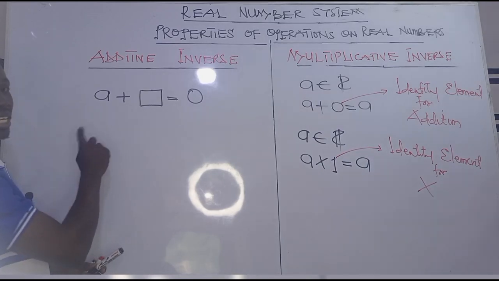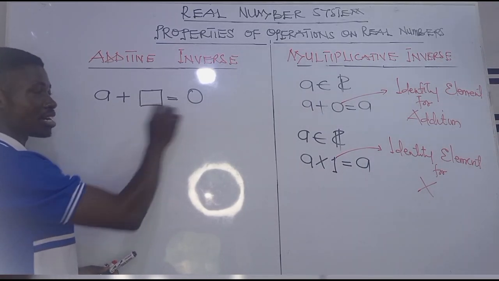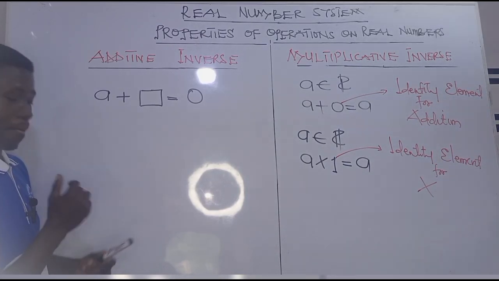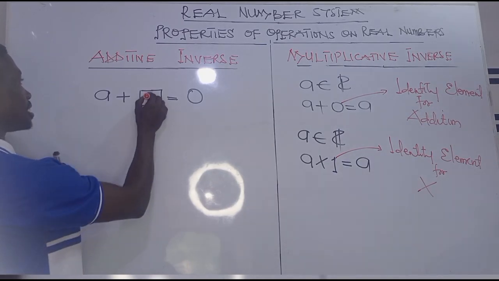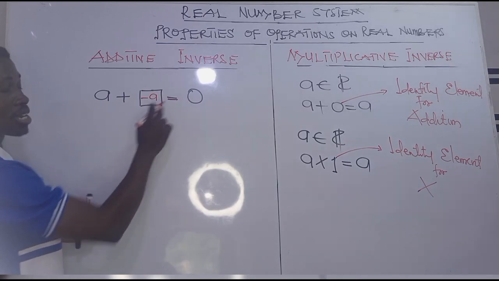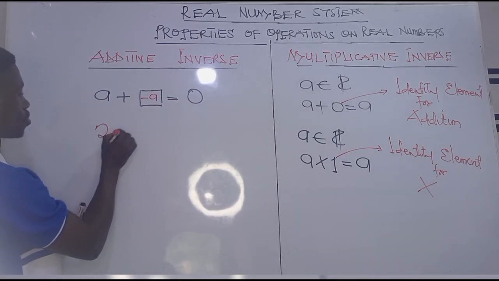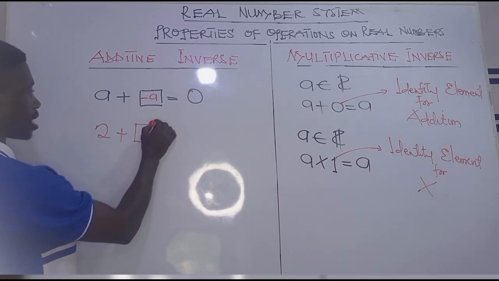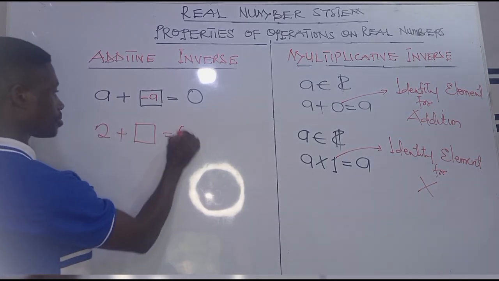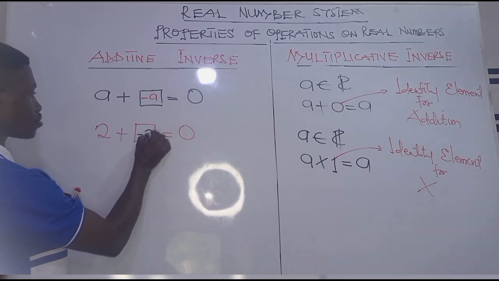Now we are going to look for the number or the variable that when we add it to A will give us 0. What do you think that number or variable will be? I believe you are saying negative A. So A plus negative A will give us 0. Now let's take it that you have 2 plus what number will give us the identity element for addition, which is 0? I believe you are saying negative 2.